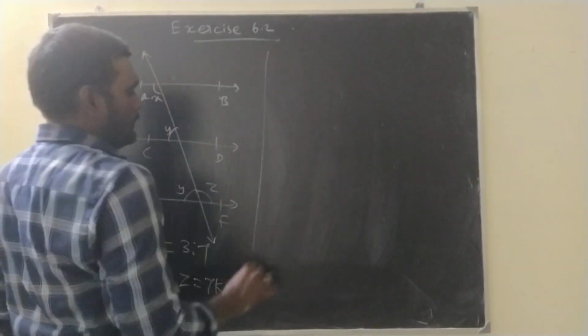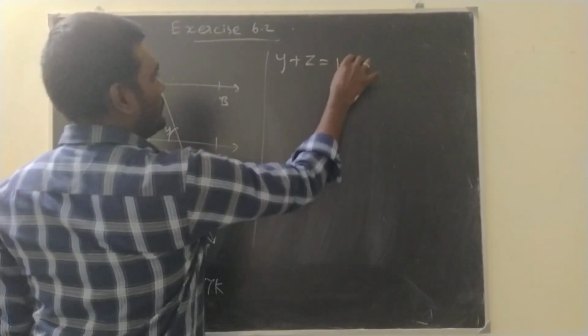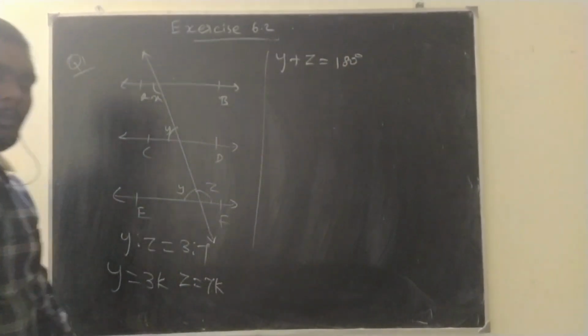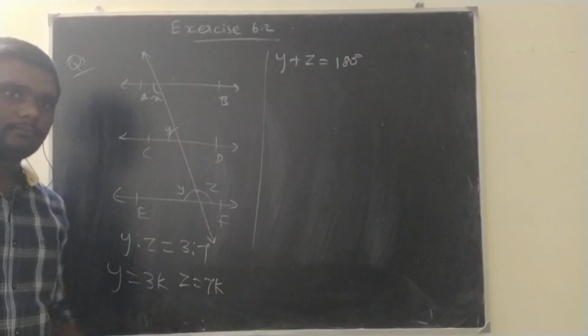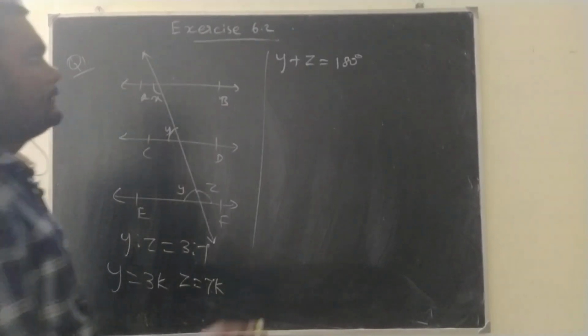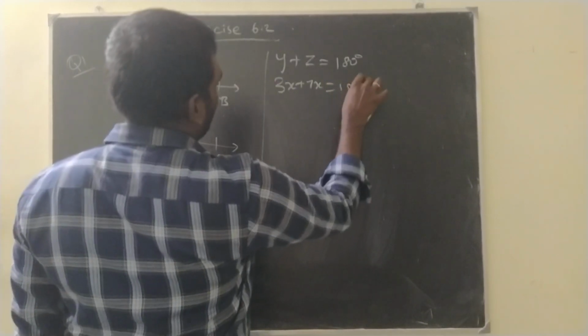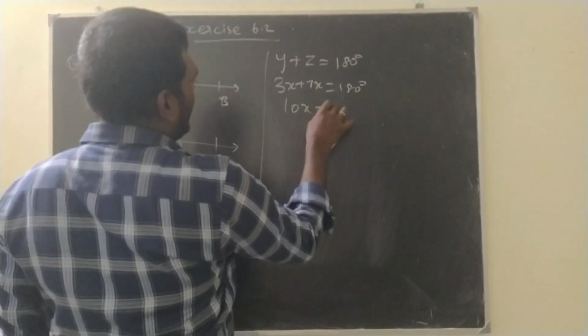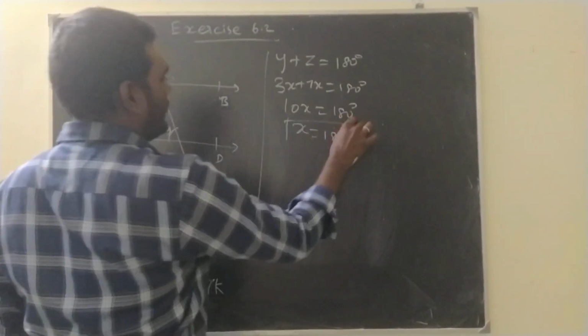So we have this y plus z equals 180 degree, meaning they are linear pair adjacent to each other. So we have 3x plus 7x equals 180 degree, and 10x is equal to 180, x equals 18 degree.